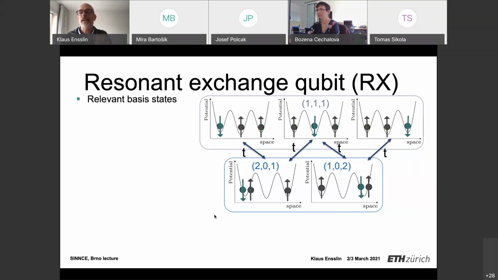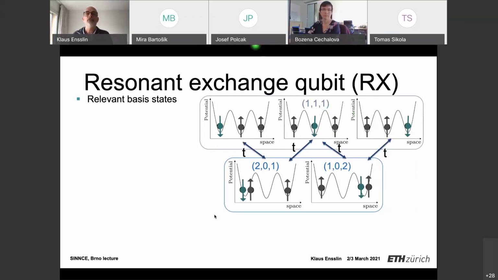The Z projection in the vertical direction is also the same, but the spin configuration is different. You see here, the down spin is on the left, here it's in the middle, here it's on the right. The charge configuration is also the same. It's a 1-1-1 charge configuration. So the spin information is encoded in the spin configuration.